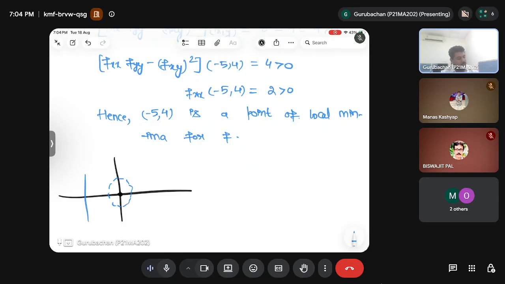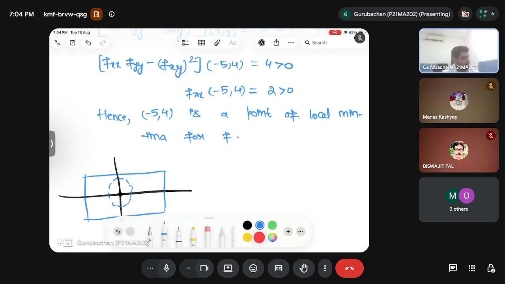Suppose your domain is like this kind of square, so you can guarantee only about this neighborhood. In this neighborhood, this origin is a local minima. For global minima, if for the whole domain you can say this is your point of minima or maxima, the term will be global rather than local.